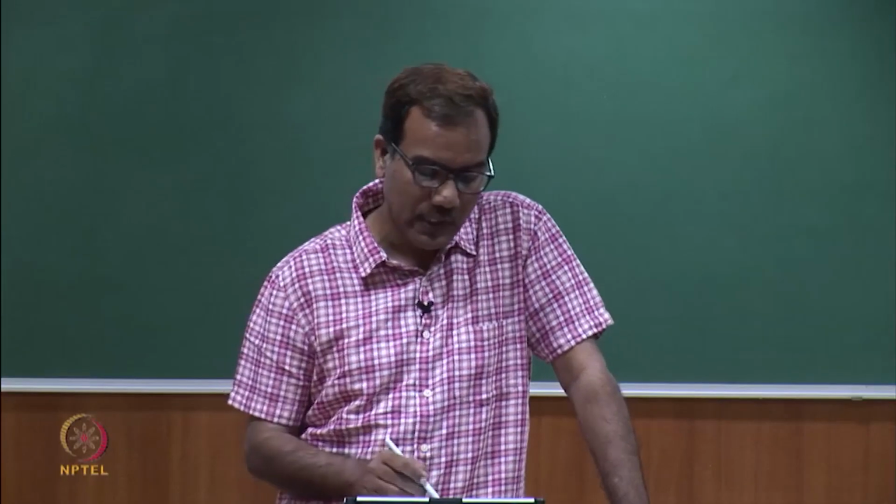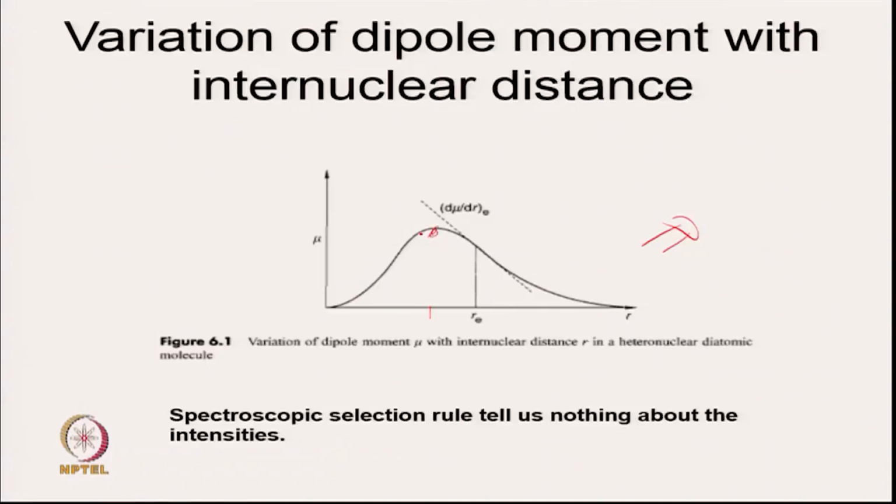If suppose Re is at the maximum, then at this position your dipole moment will also not change. So a spectroscopic selection rule does not tell us about intensity, at least in the vibrational case, and you have to look at how dipole moment changes with internuclear distance.